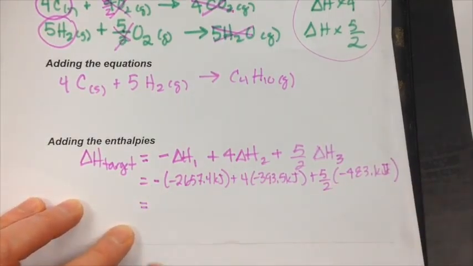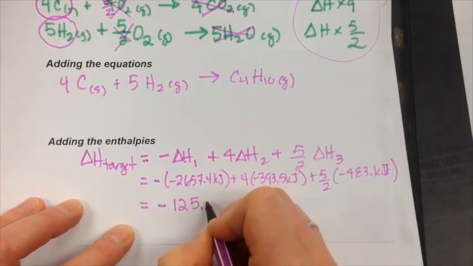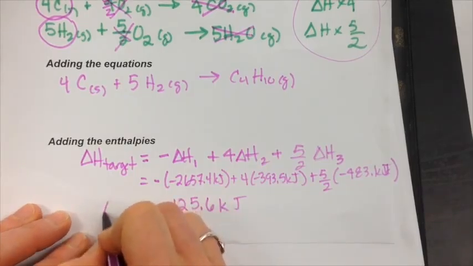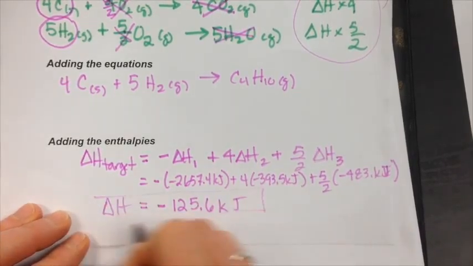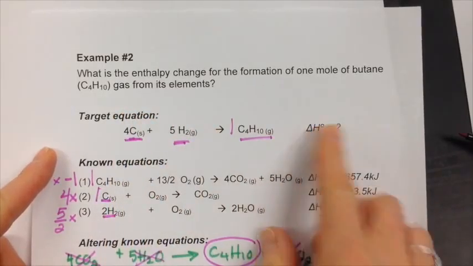Doing the math all together, carefully entering your negatives and your positives, you'll see that overall it is an exothermic reaction with a magnitude of negative 125.6 kilojoules for the total enthalpy of my target reaction.